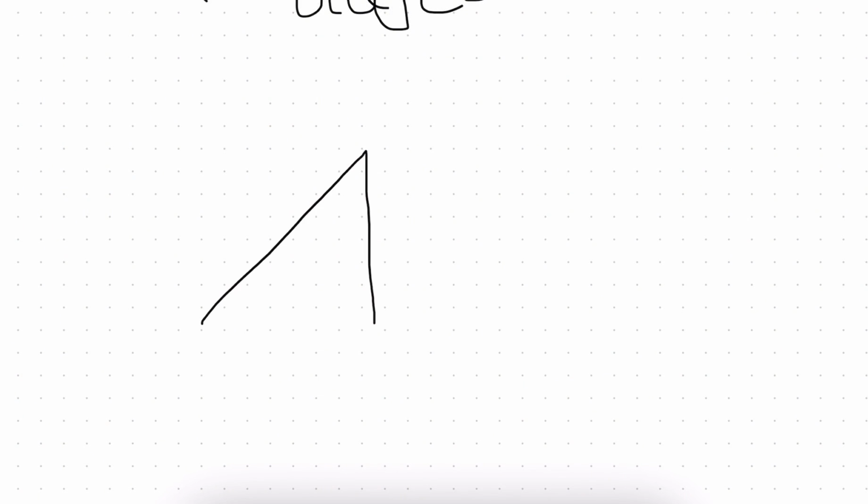Sorry, I messed up. So this will be our opposite, and this side will be our base. Let this value be 3, and this side be 4, and this will be our x. In order to find the x, we'll have to use the Pythagoras theorem.